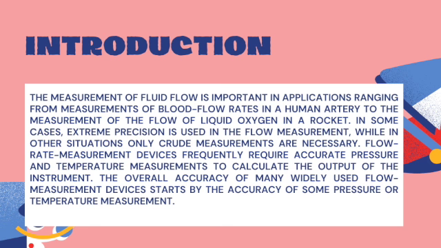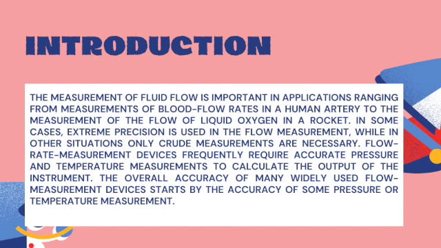To start off this presentation, we'll first go into Section 7.1 of Chapter 7, Flow Measurement. The measurement of fluid flow is important in applications of various areas of study. It can range from medicine to engineering or any other field. In some cases, like medicine, we look into the blood flow rates in a human artery, or in our case in engineering, the measurement of flow of liquid oxygen that goes into a rocket.